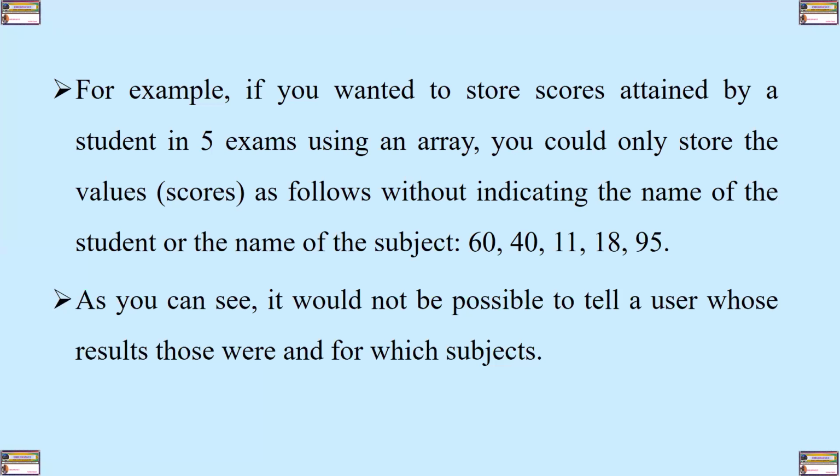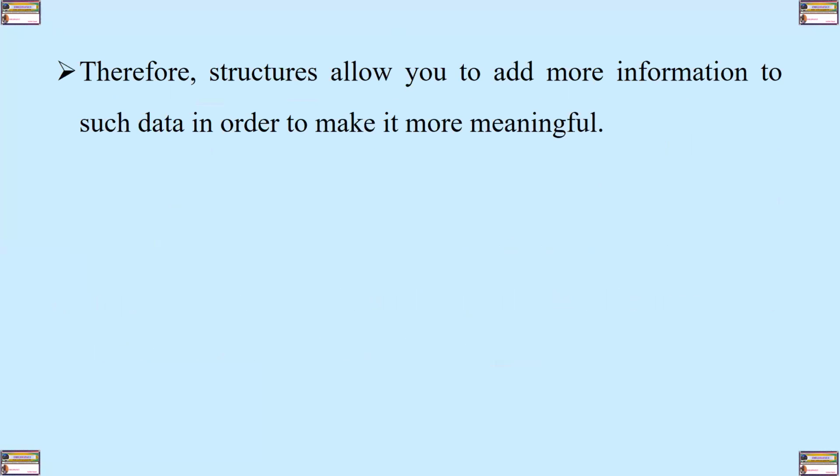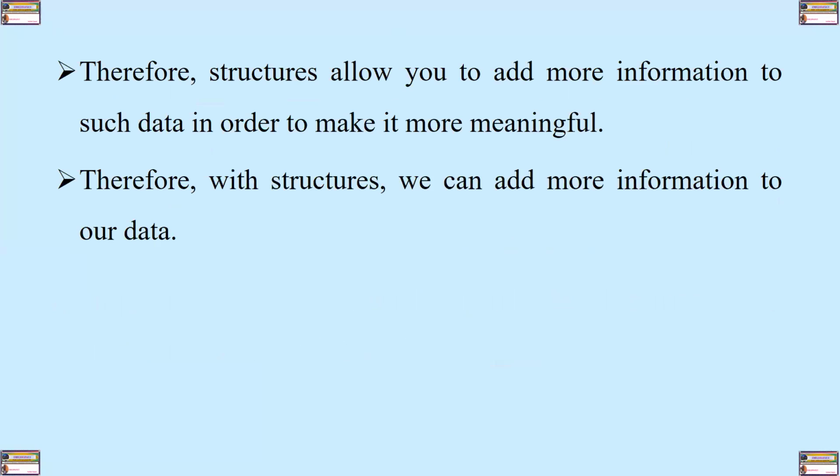So, as you saw in arrays, it would not be possible to tell a user whose results those were and for which subjects. Therefore, structures allow you to add more information to such data in order to make it more meaningful.